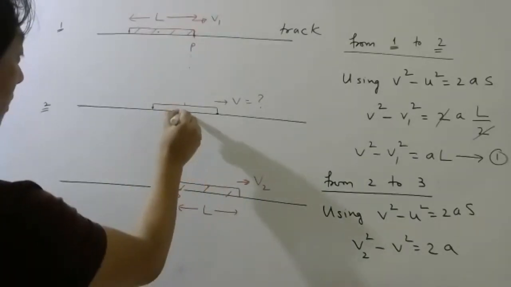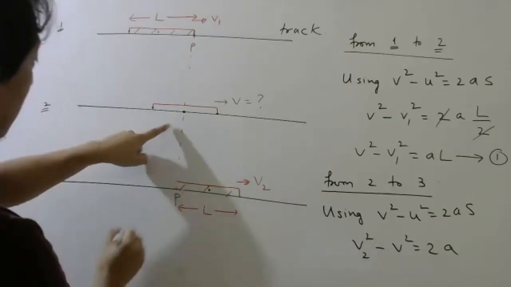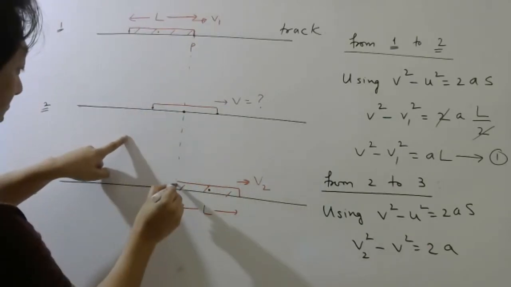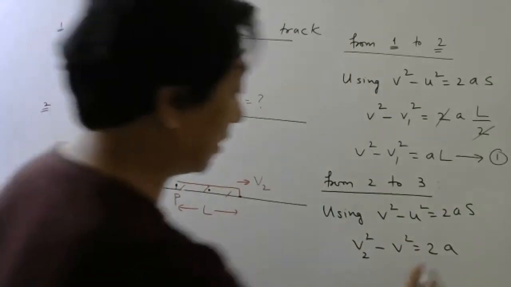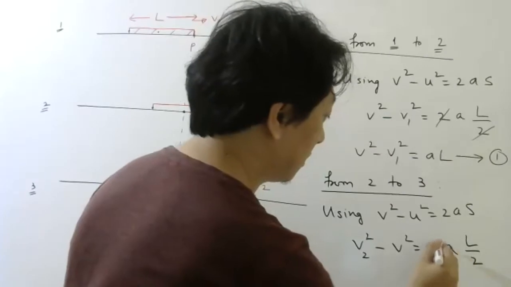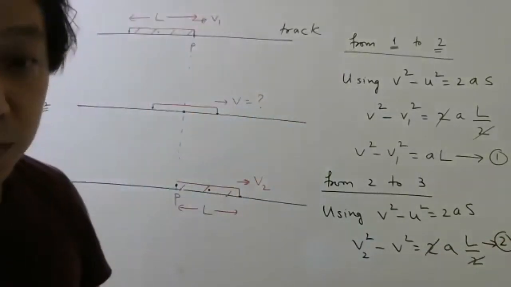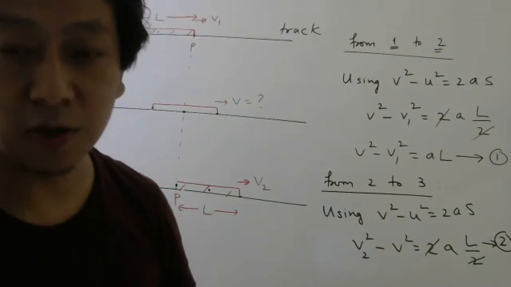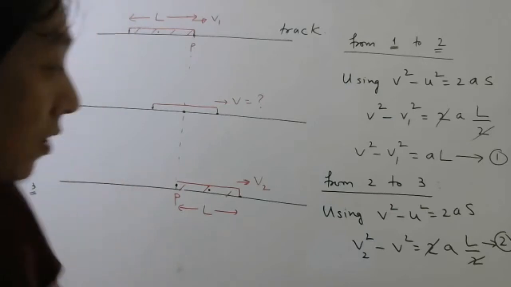Same thing, this point which was there has reached here. This point has reached here. This point has reached here. So every part has traveled a distance L by 2. 2 cancels. Now, since we don't want A and L, because our answer should be in terms of v1 and v2, what should I do?